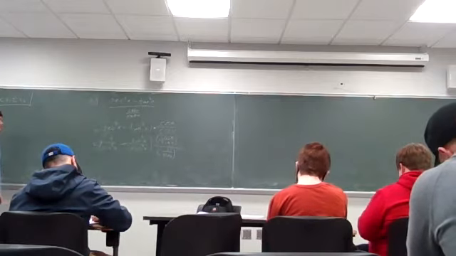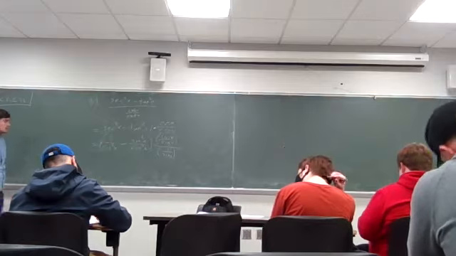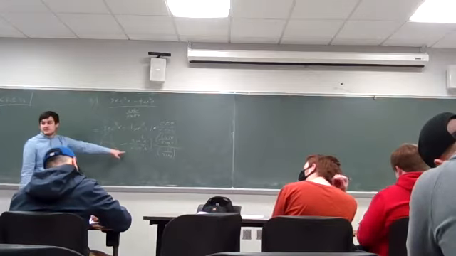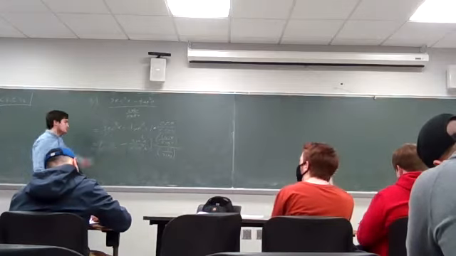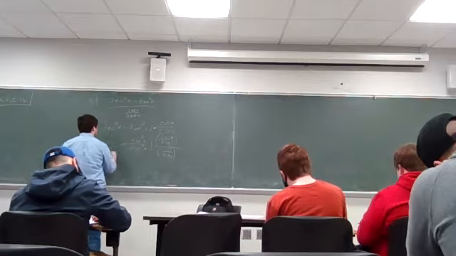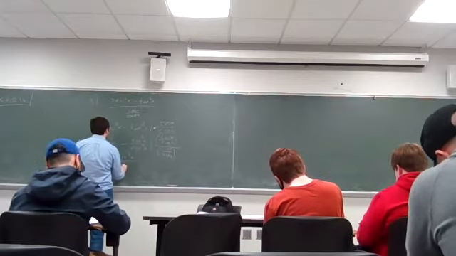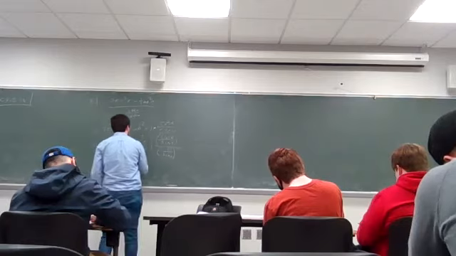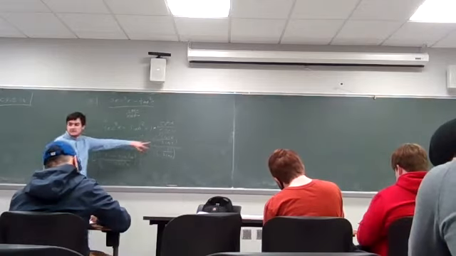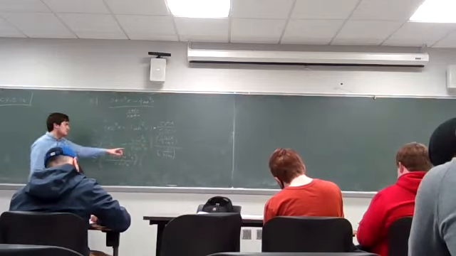Good. Now, these both have the same denominator, so I'll pull those together. 1 minus sine squared x over cosine squared x times, and then this is again another fraction in a fraction situation.